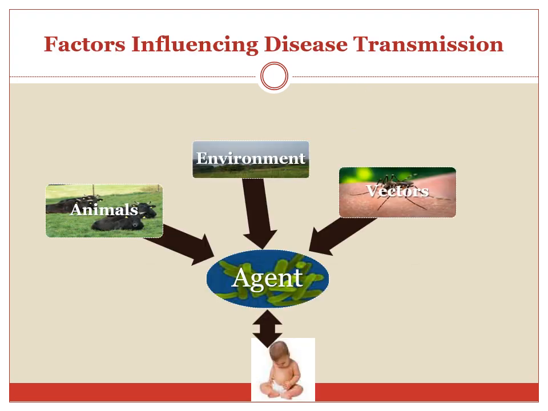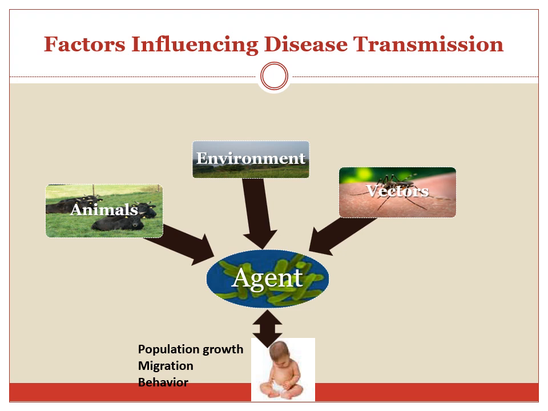What are the factors influencing disease transmission? These are related to animals, for example, the environment, vectors, and the human being. All of them affect the agent of disease.